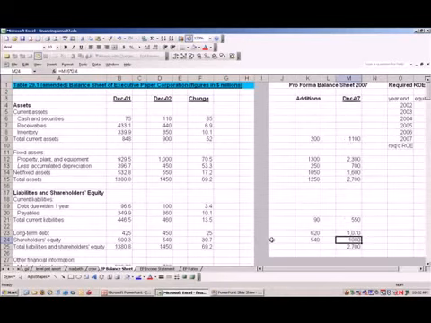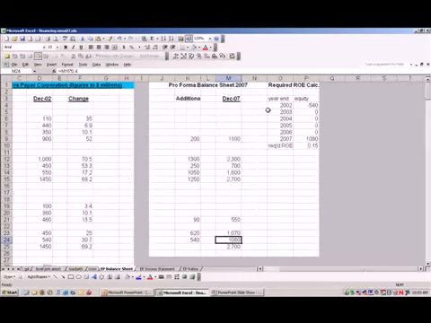Because we know if we can get that much additional equity, then we can get this much debt on good terms, and we can support the assets that we need. So the feasibility test is really a growth in equity test. So what we need to do next is to determine the required return on equity that's implicit in this financial plan, and then to assess whether we think it's feasible.